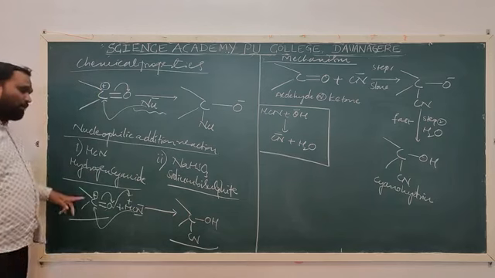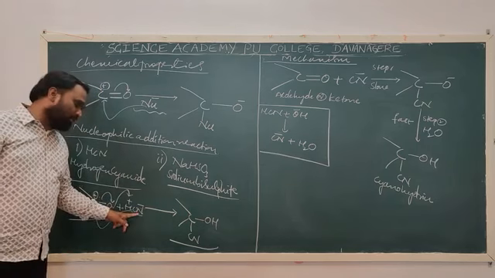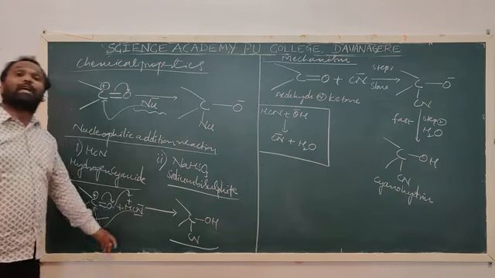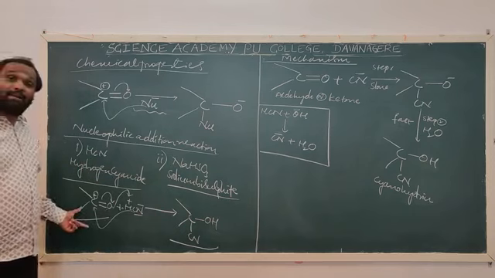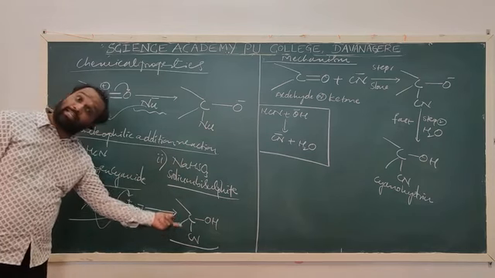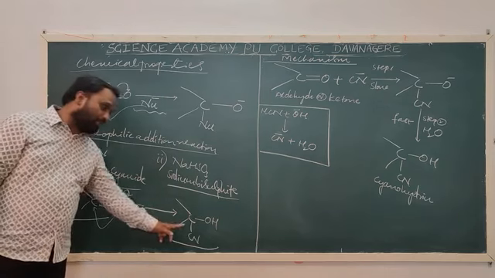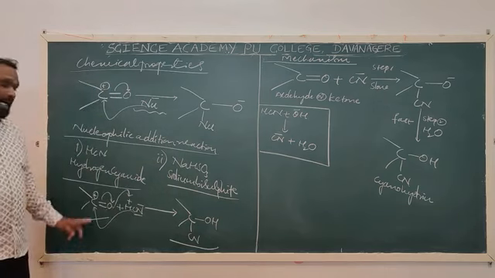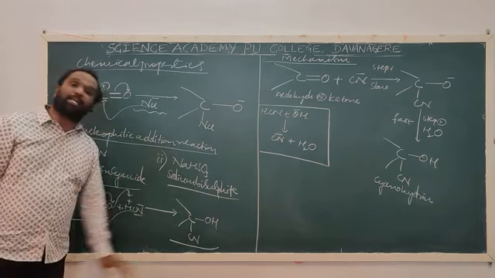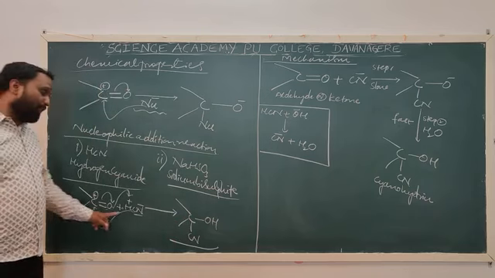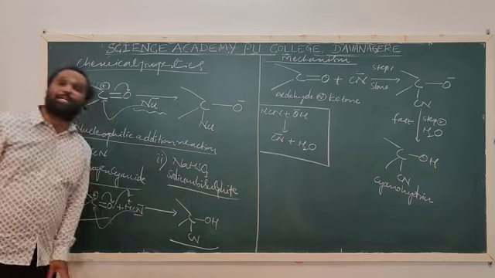When formaldehyde reacts with hydrogen cyanide, it gives formaldehyde cyanohydrin. Similarly, acetaldehyde gives acetaldehyde cyanohydrin. Benzaldehyde gives benzaldehyde cyanohydrin. Acetone gives acetone cyanohydrin. Acetophenone gives acetophenone cyanohydrin.